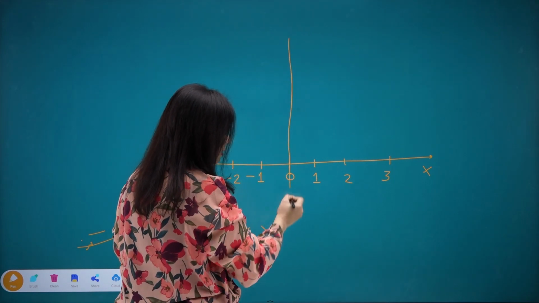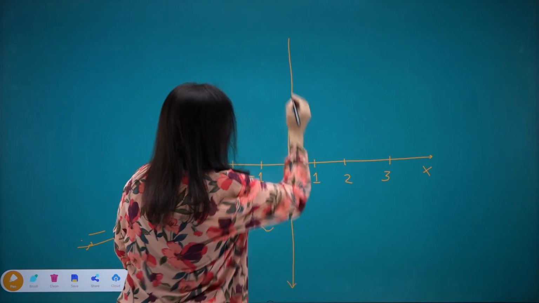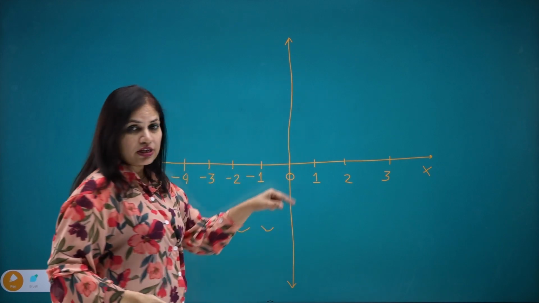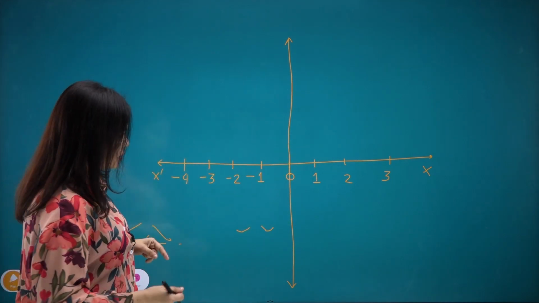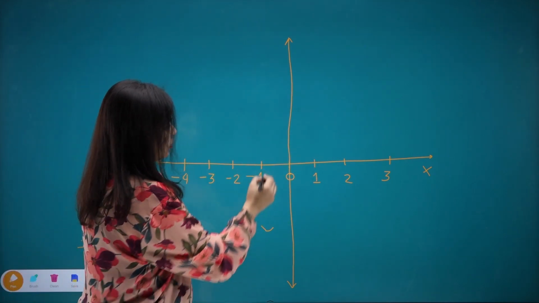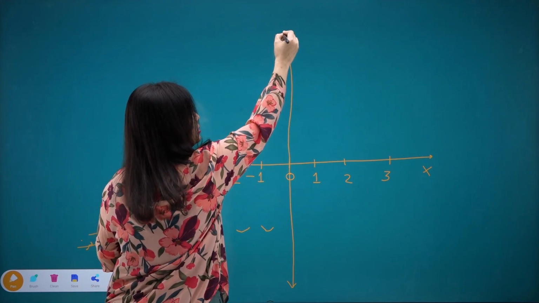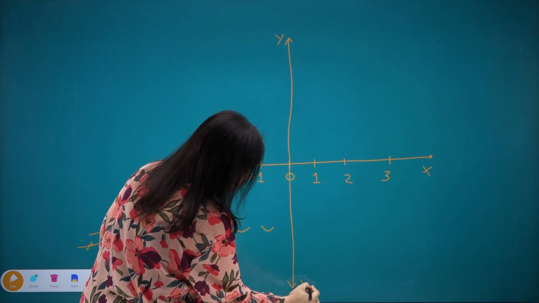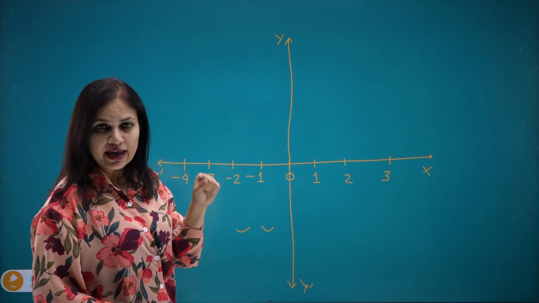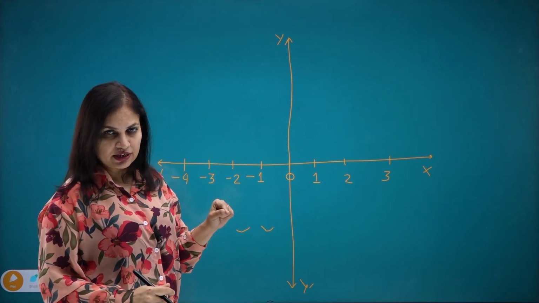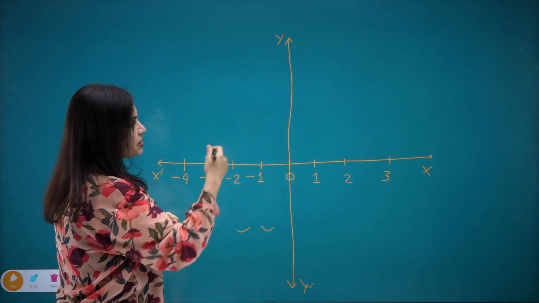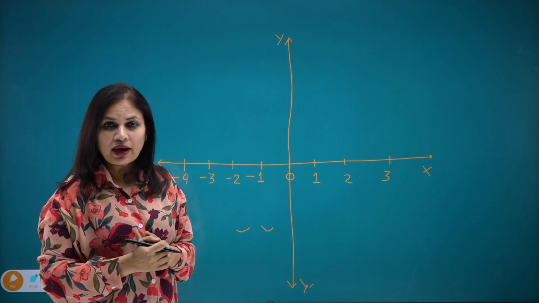Now if I tilt the number line vertically, I'll get a line like this, and I'm tilting it in the anti-clockwise direction. And I name it y dashed. Y dashed and x dashed are towards the negative side of the number lines. So this vertical number line is the y-axis.